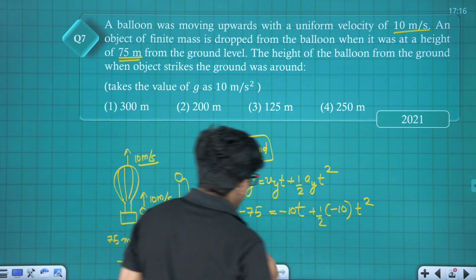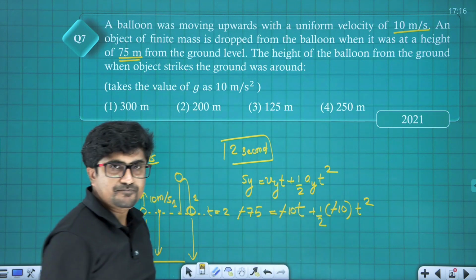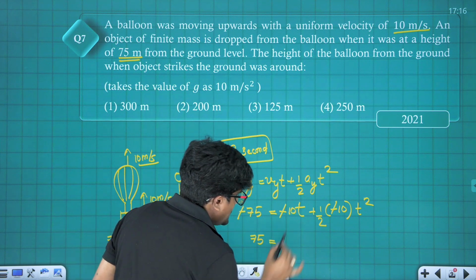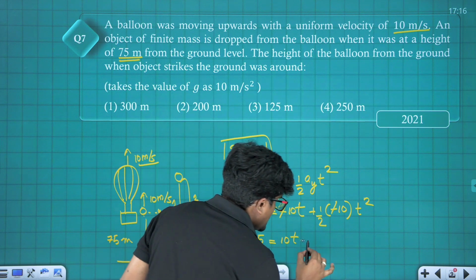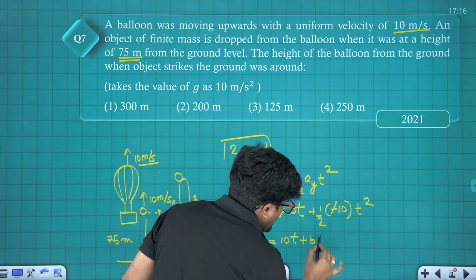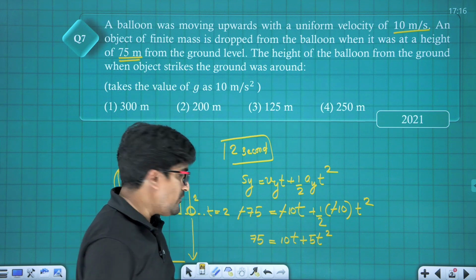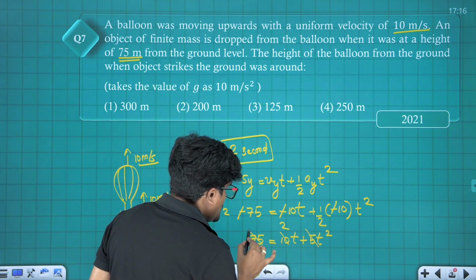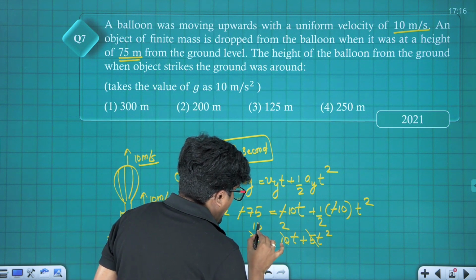So this minus will cancel from everywhere. So here this is going to be 75 equal to 10 times t plus 10 by 2 is 5 into t square. Let me cancel 5 also. Here this is going to be 2 and here this is going to be 15.